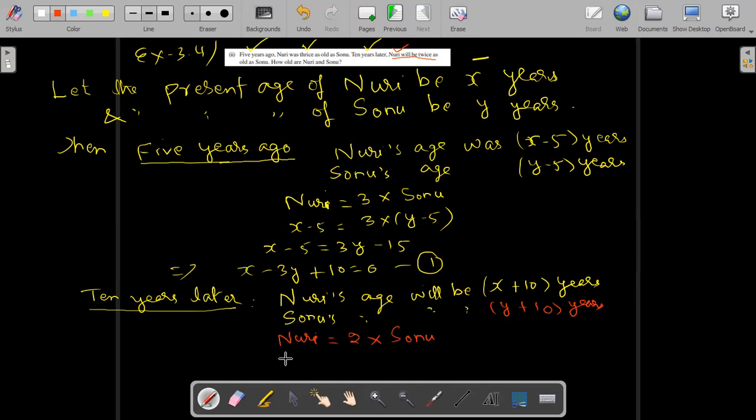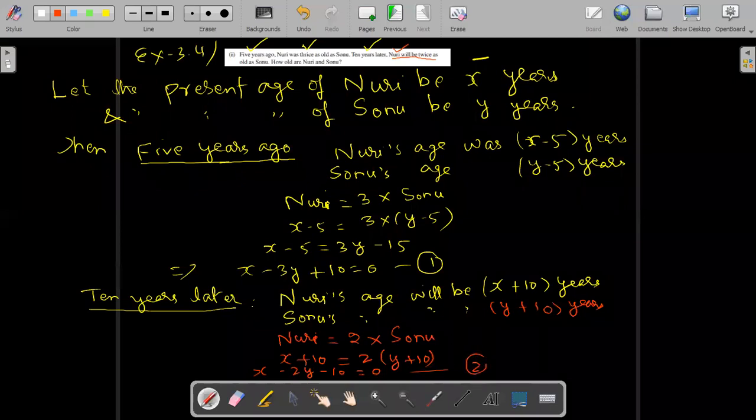So Nuri's age x plus 10 is equal to 2 times y plus 10. Multiply and bring to the left side. So you get x minus 2y, the 20 will come to the left side, so minus 20 plus 10, minus 10 is equal to 0. This is equation number 2.